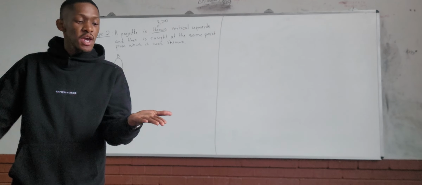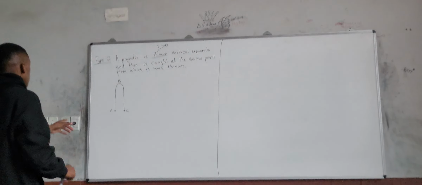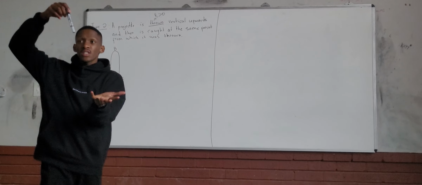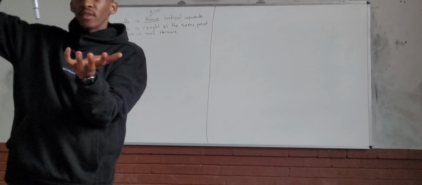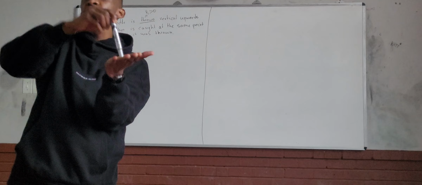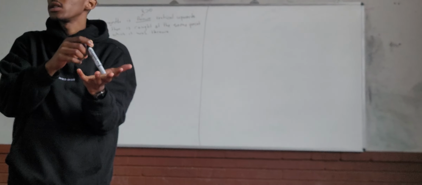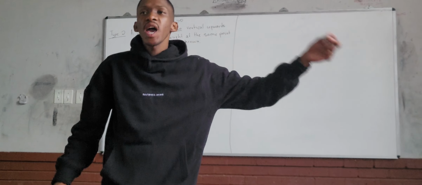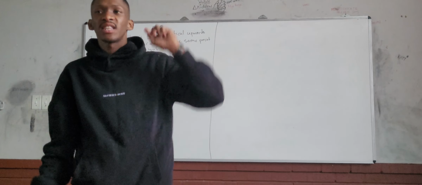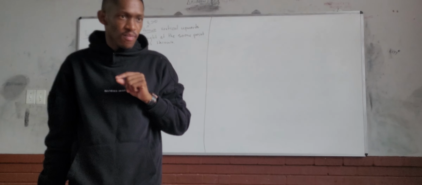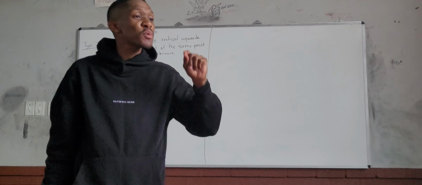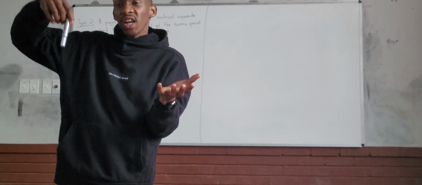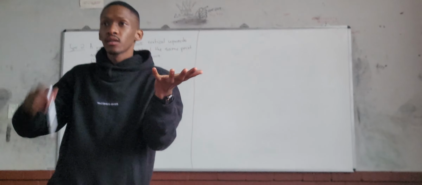It means the velocity at C, the velocity at which the projectile will hit your hand, is the same as the velocity at which a projectile hits the ground. At point C, it's the velocity at which the projectile will hit your hand.